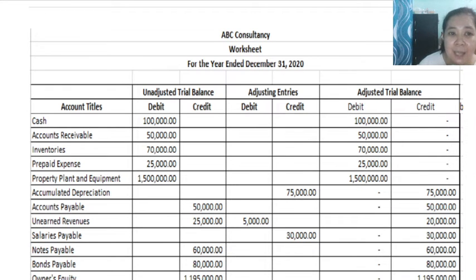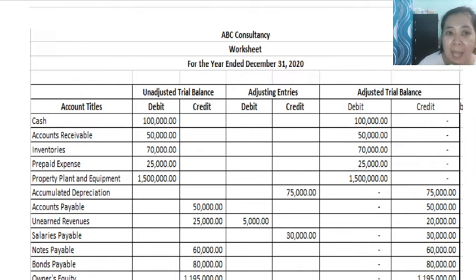Next, if our account in the unadjusted trial balance has a debit balance and our adjusting entry is on the credit side, then we will deduct the amount of the adjusting entry to get to our adjusted trial balance.